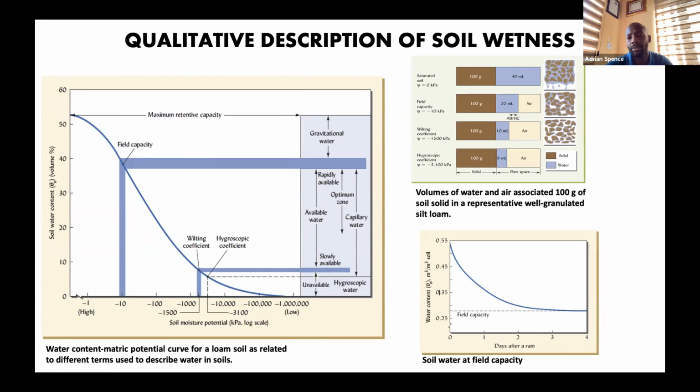Now, after some time, some of this water will actually leave the soil under the influence of gravity, which is one of the forces that we spoke about earlier. Now, generally, the first to go is the water within the large pore spaces. Water in the large pore spaces is usually easily influenced by gravity. So that's what you call here your gravitational water. So that's just water that is just flowing down.